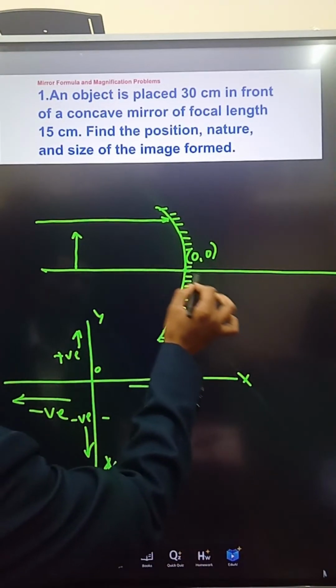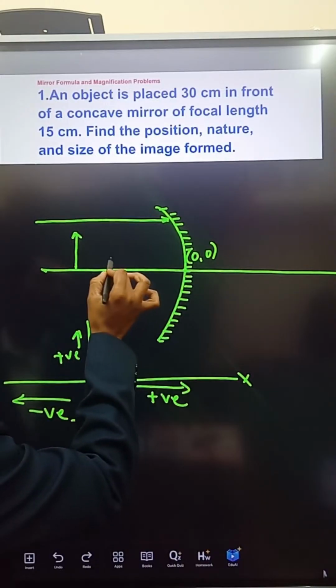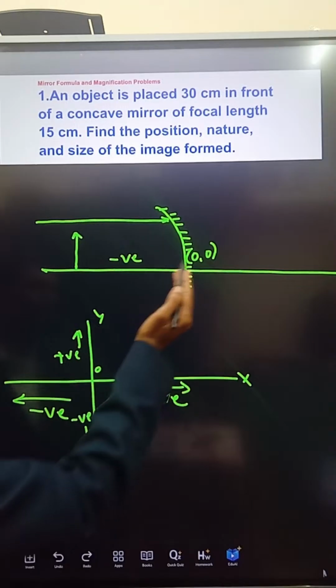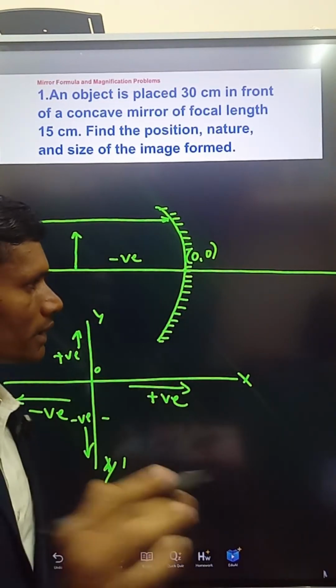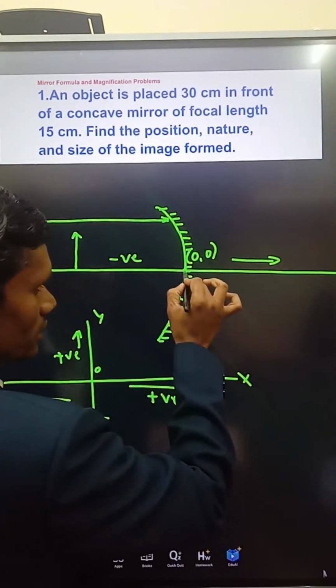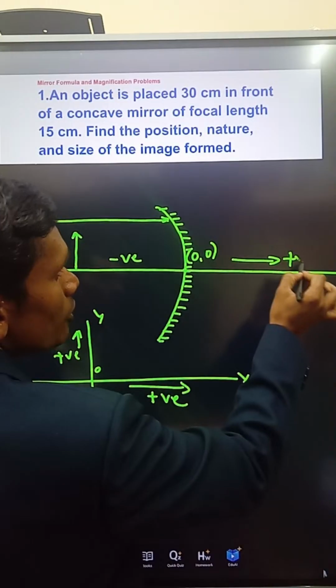Whatever distances you measure to the left of the mirror will be taken as negative. The distances measured to the left of the mirror are taken as negative, and the distances measured to the right of the origin, meaning right of the mirror, are taken as positive.